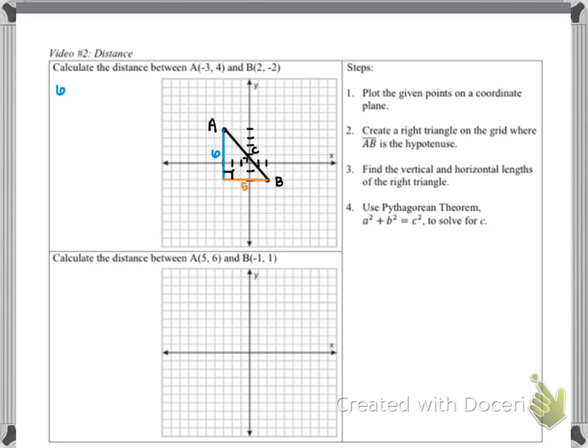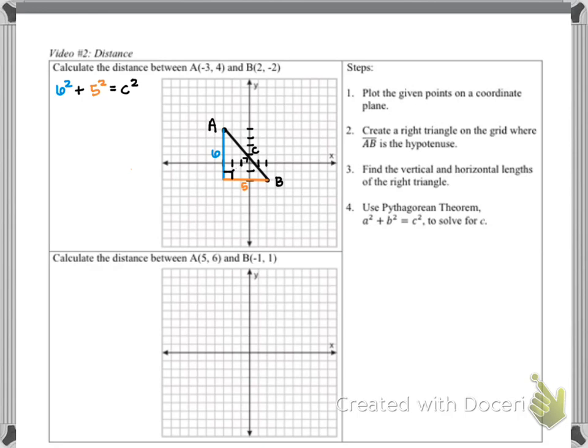I'll have 6 squared, that's my Y, plus 5 squared, my X, equals the hypotenuse squared.